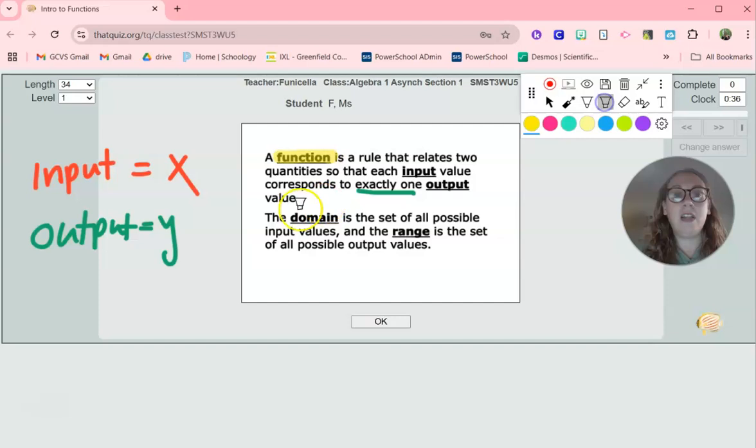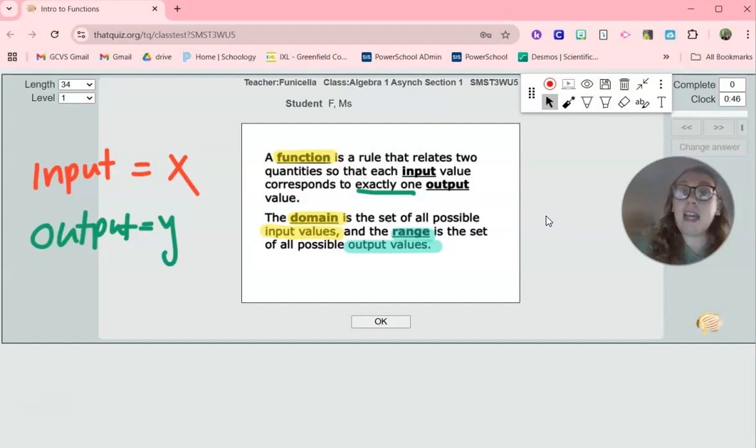So the domain is the set of all possible input values, and then the range is the set of all possible output values, right? All the x's that we can plug in are our domain, and everything that we get out after plugging those values in are all of our outputs, or the range, okay? So go ahead and hit OK.